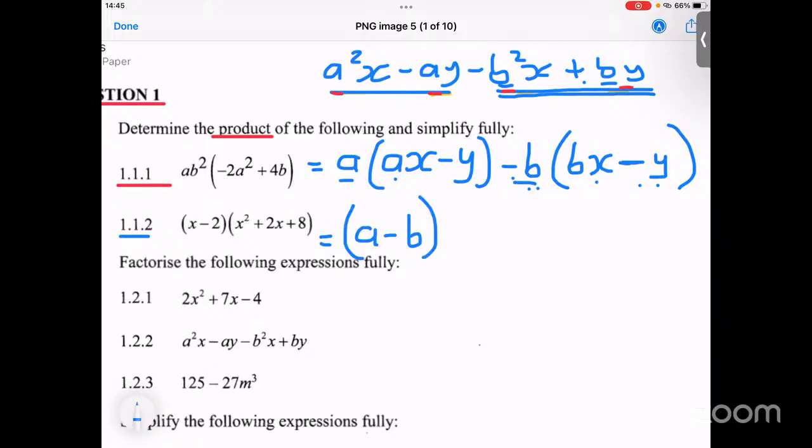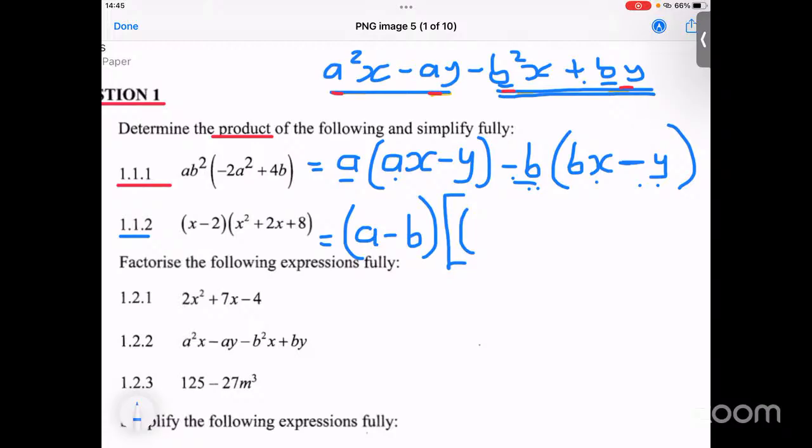And what else are we having? So what remains is, let's see. That gets to be taken out, and then this is what we are having.